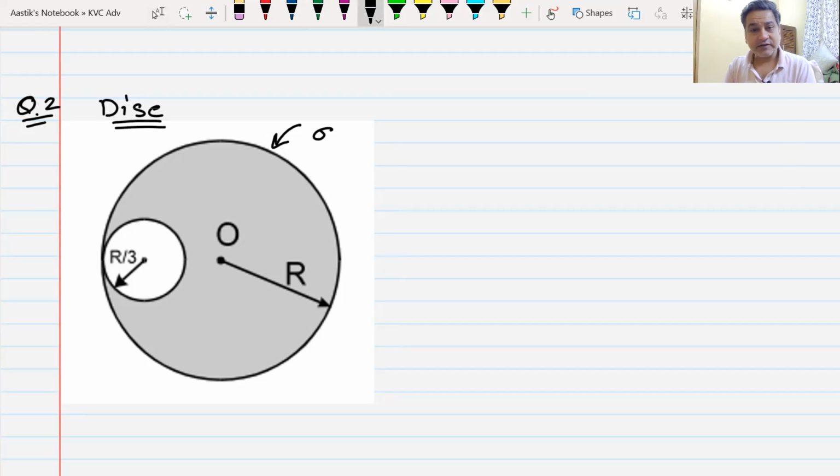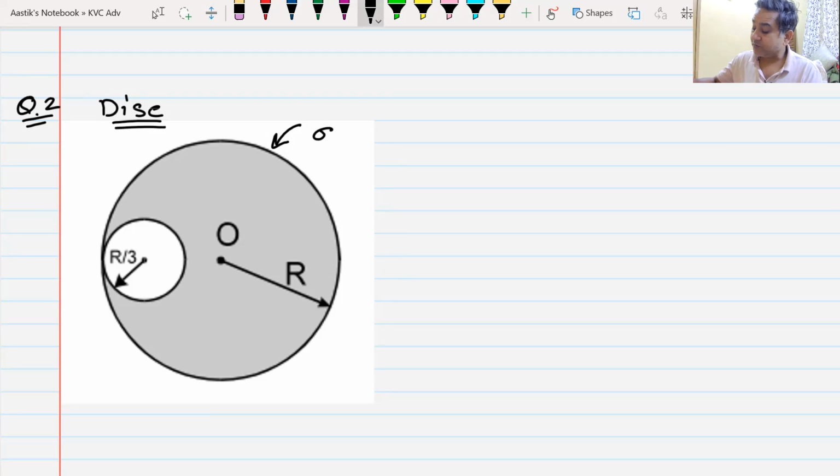So this is the most general way. Mass per unit area will remain the same, so we'll solve this question in terms of mass per unit area, and then you can convert it into whatever mass is given to you. So mass per unit area of this disk is sigma.